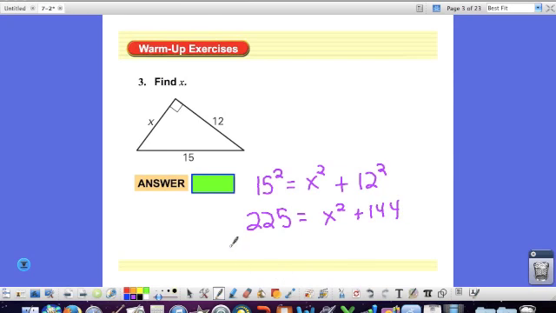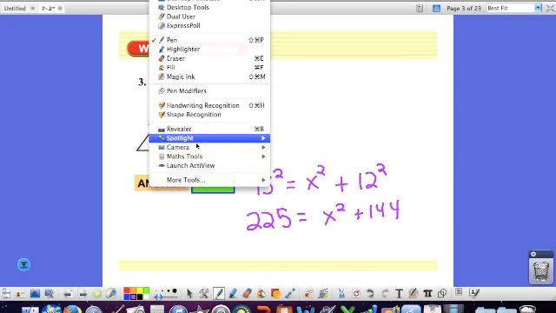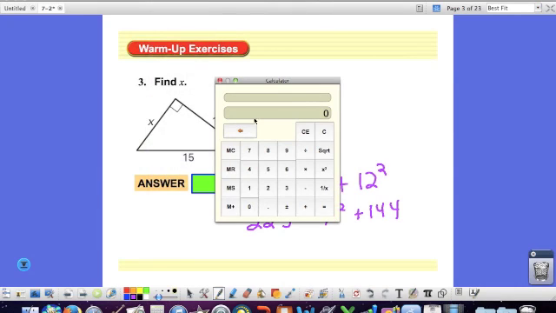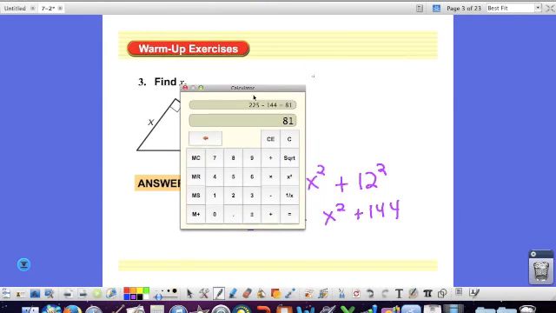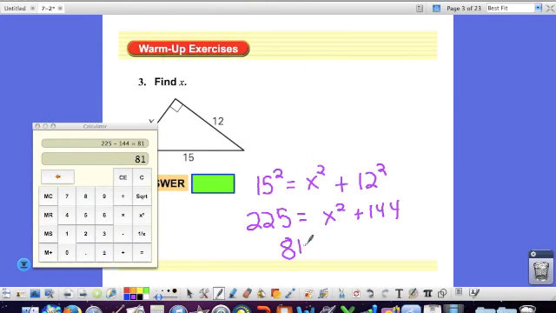If I subtract 144 from both sides, 225 minus 144 is 81. So if 81 equals x squared, x equals 9.